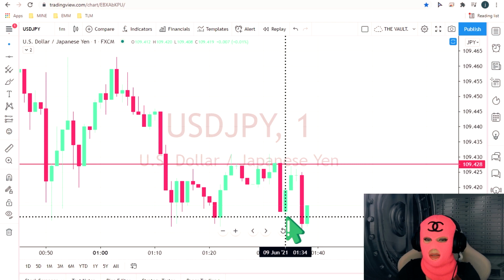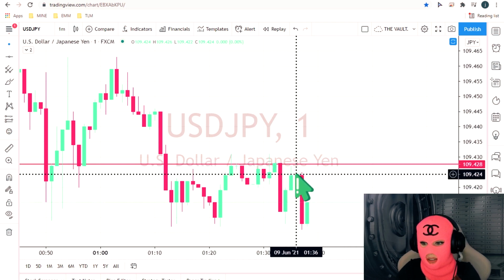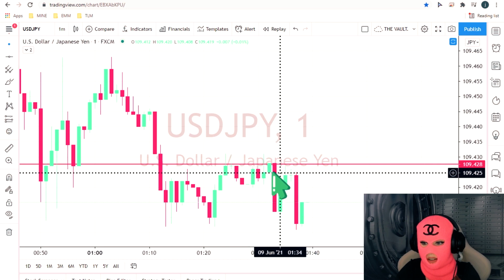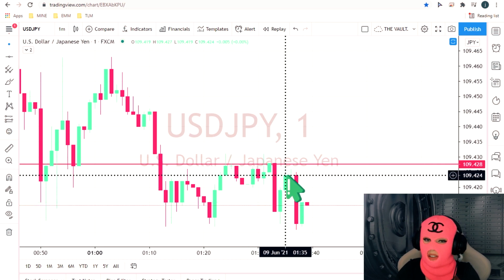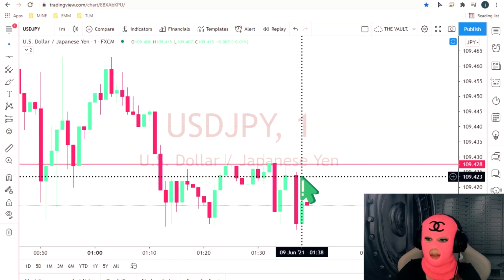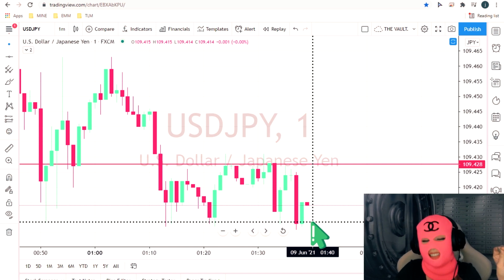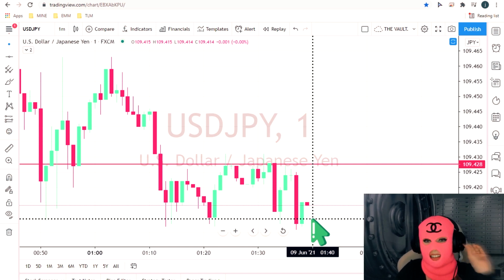It came down, retested the level overall, failed, I would sell right about here, which is what I was showing you live before this massive bar down. That would have happened and you would have made whatever you wagered in a minute's time. Isn't that the craziest thing alive?